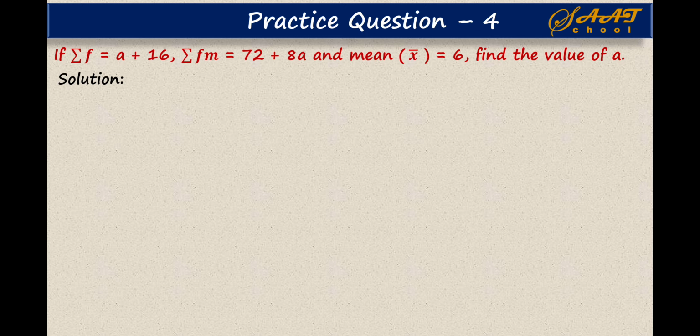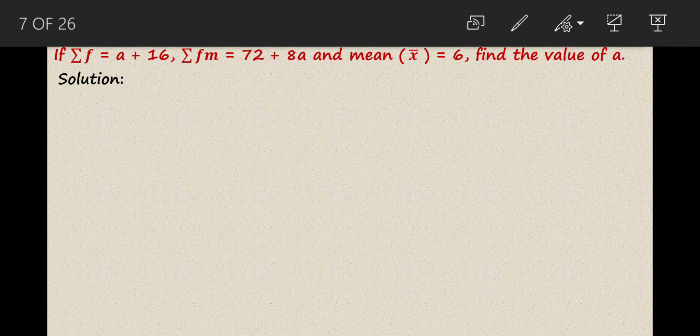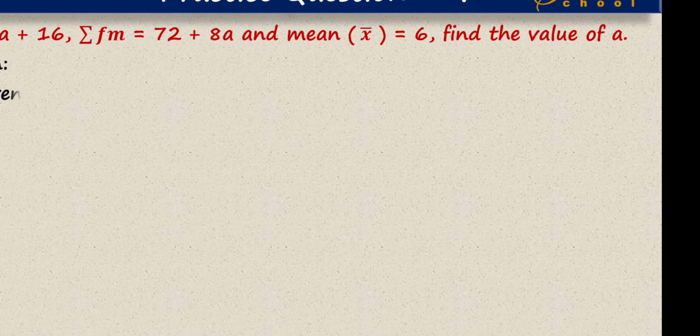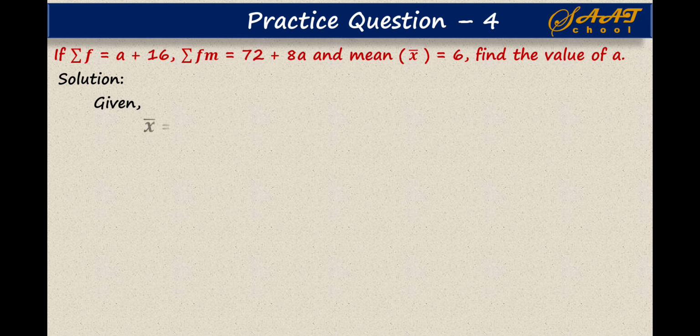Here, sum of f is simply the value of n. Sum of f represents number of terms. So the given value sum of f is a plus 16, and sum of fm is 72 plus 8a. Mean is given 6.